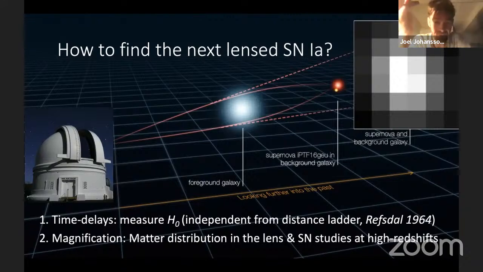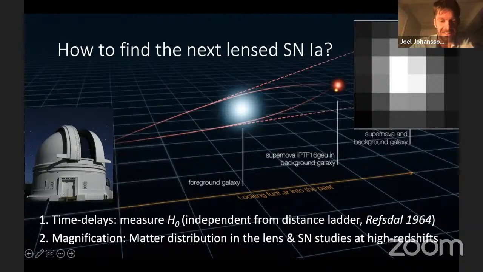People have seen this for quasars, and you also see this for galaxies that are bent into these beautiful Einstein rings.